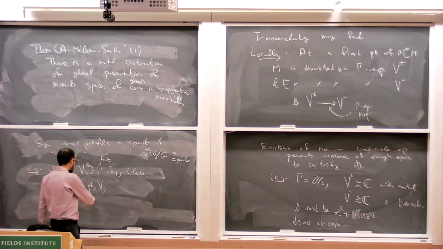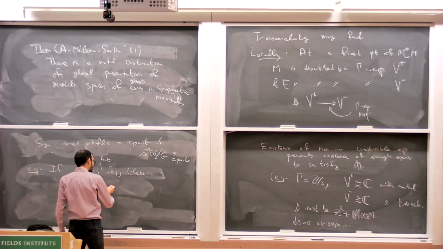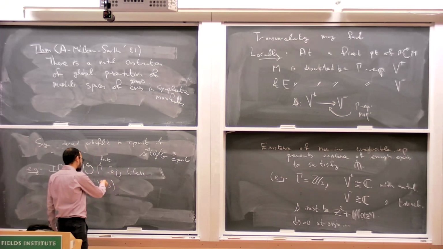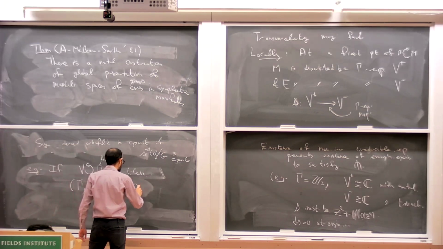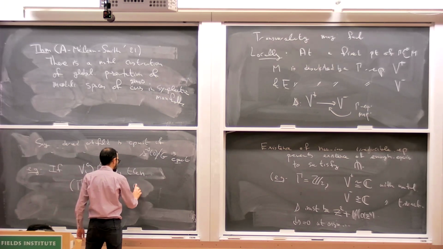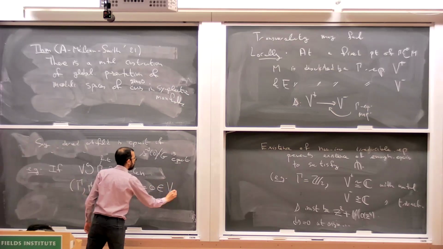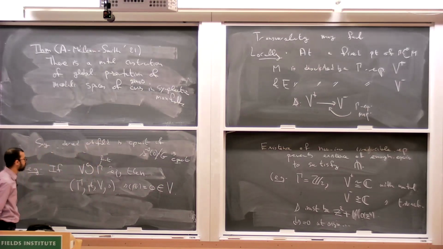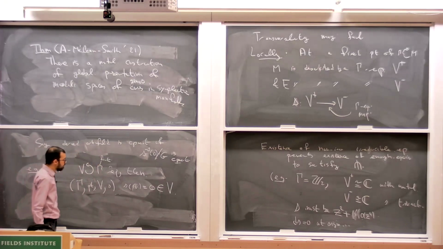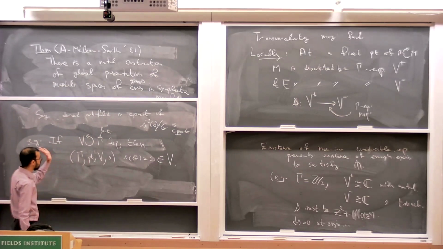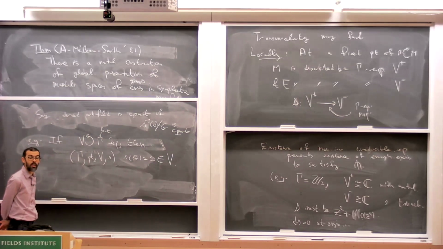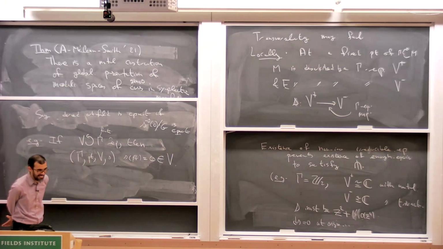I put a section S here, which is just the inclusion of the origin. This is, I would say, the first interesting derived orbifold. I mean, that's not an orbifold.